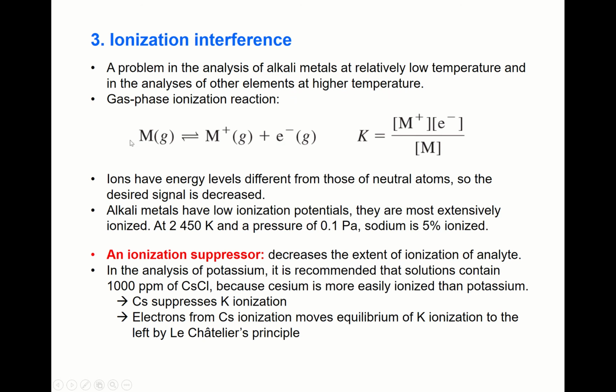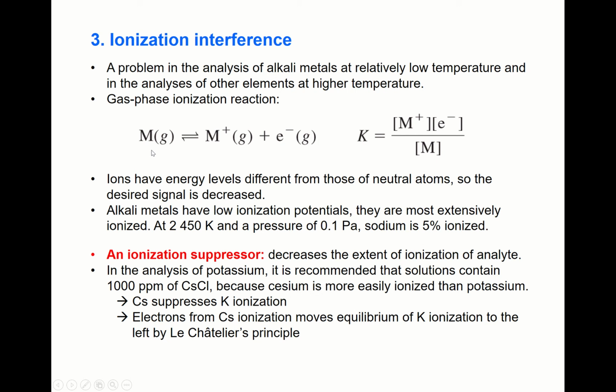For example, in the gas phase ionization reaction, this atomized metal in the gas phase undergoes ionization to the metal ion by ejecting an electron. Since it undergoes this ionization, that reduces the signal.